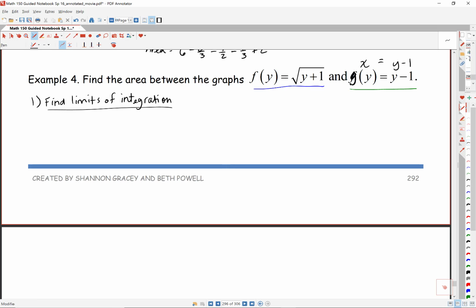Here we go, we have our blue graph, we set the graphs equal to each other, so we have root y plus 1 is equal to y minus 1. Squaring both sides, we have y plus 1 is equal to y squared minus 2y plus 1.